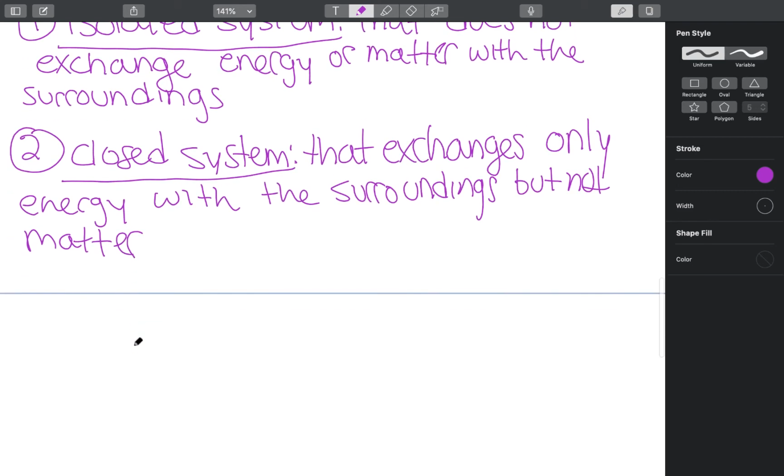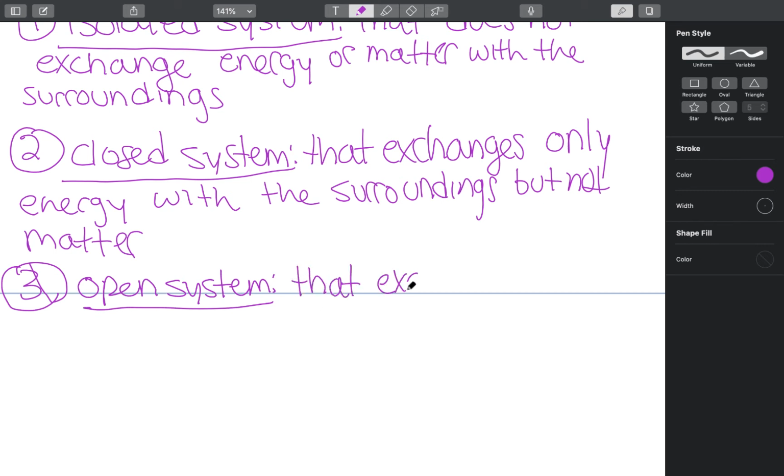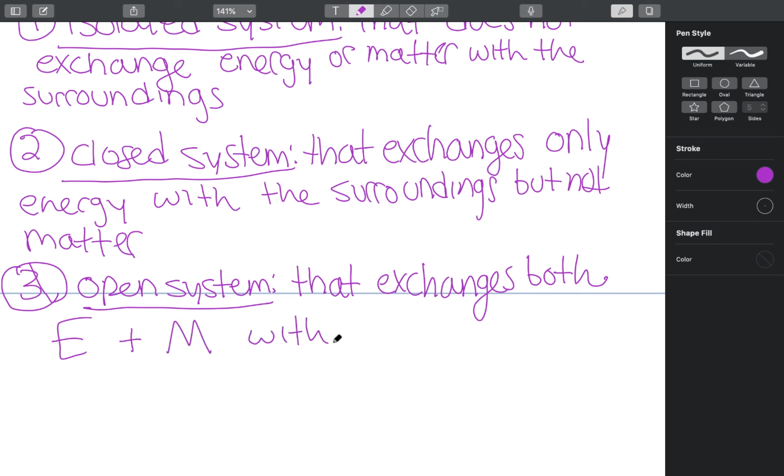The last system is referred to as an open system. And an open system is a system that exchanges both energy and matter with the surroundings. So we are actually an open system. Our body is an open system.